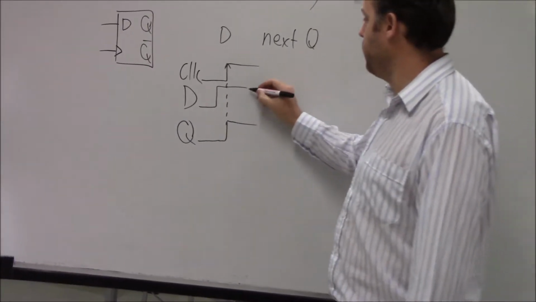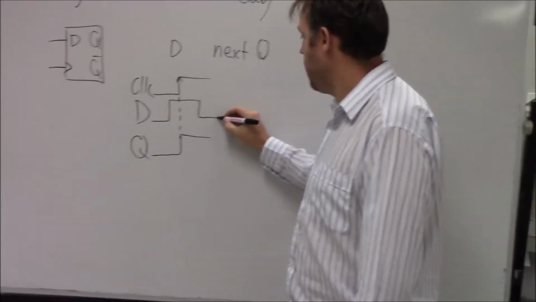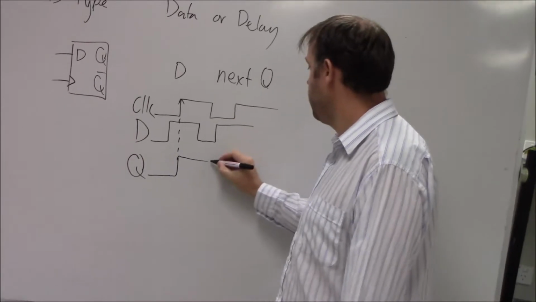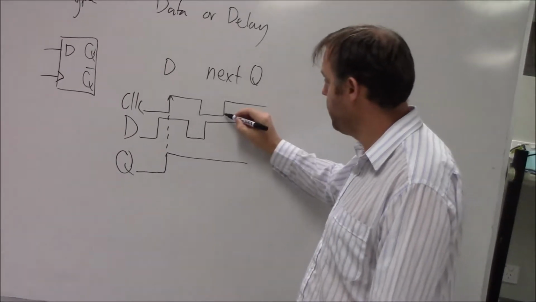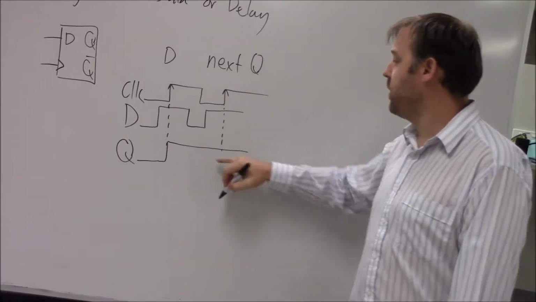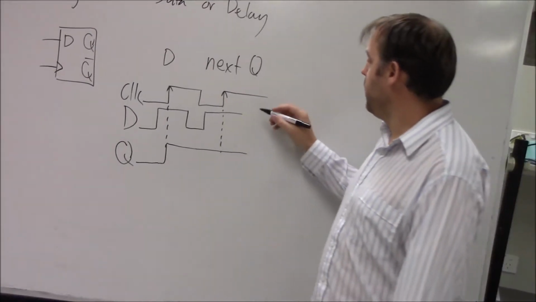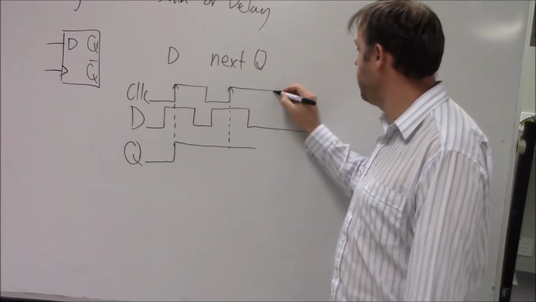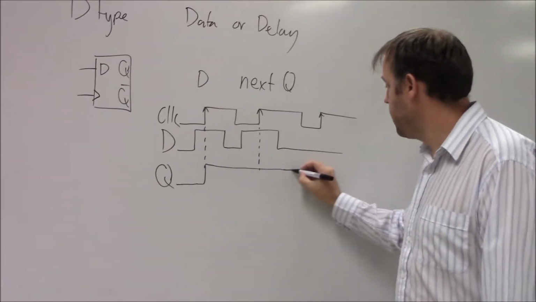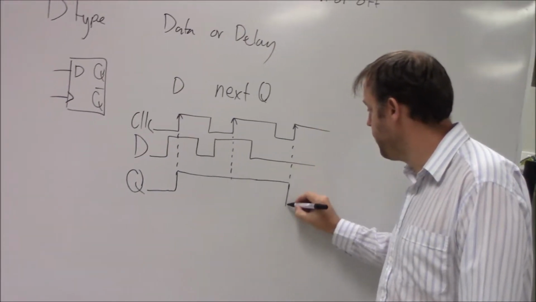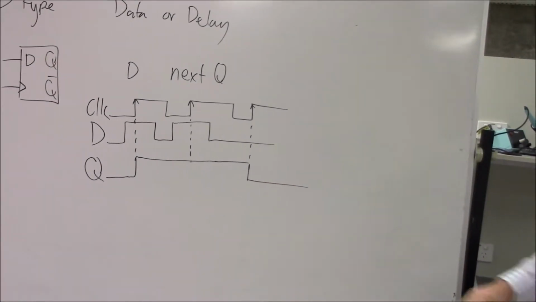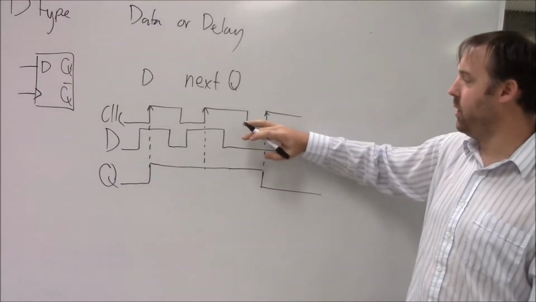If D was to be high again, Q would not change, because it's already high. If D is low on this clock edge here, then at this time Q drops to low. So whatever D is, Q becomes after the next appropriate clock edge.